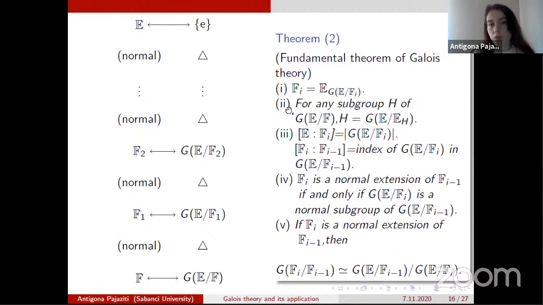One of those is that if F_2 is a normal extension of F_1, then its corresponding Galois group is a normal subgroup of the Galois group of F_1. And the fifth is the isomorphism, and their dimension and the fixed fields can all be determined by just looking at this one-to-one correspondence.